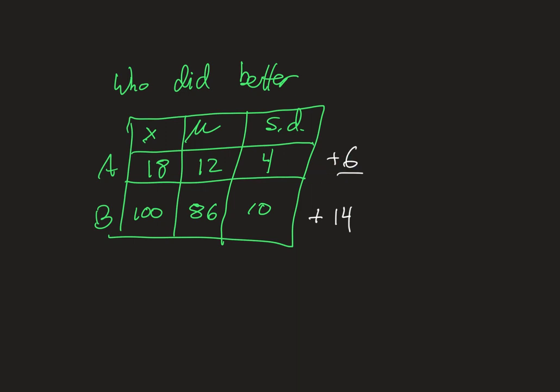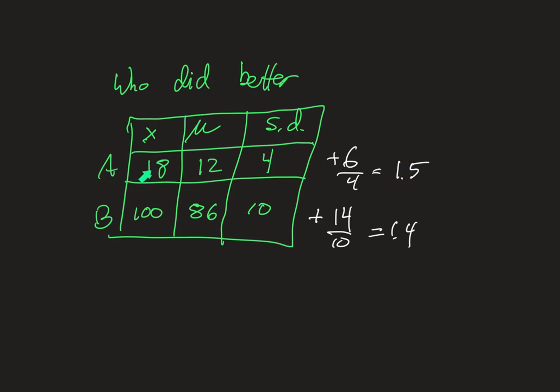So if I divide that by 4, I'm going to have 1.5. So this number here is 1.5 standard deviations above the mean. Well, how about this one? Divided by 10, that's 1.4. So 100 is 1.4 standard deviations above the mean. Since this is more standard deviations above the mean, that means this is relative to their group a better score.